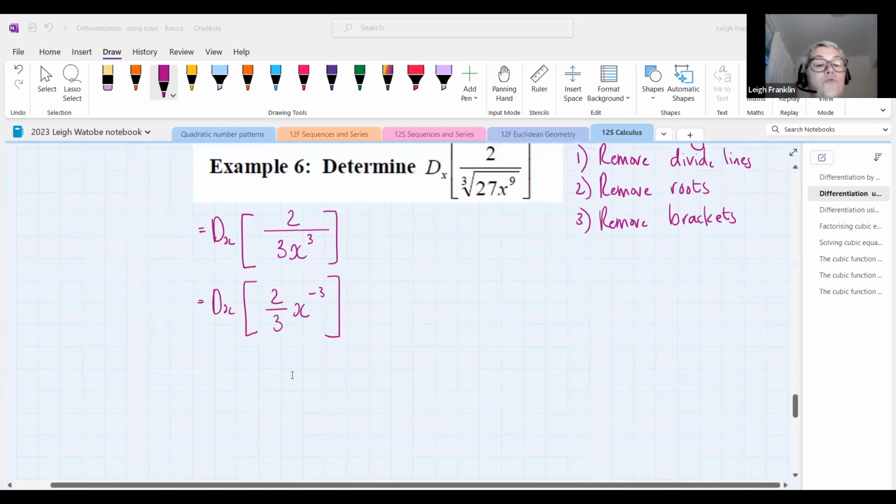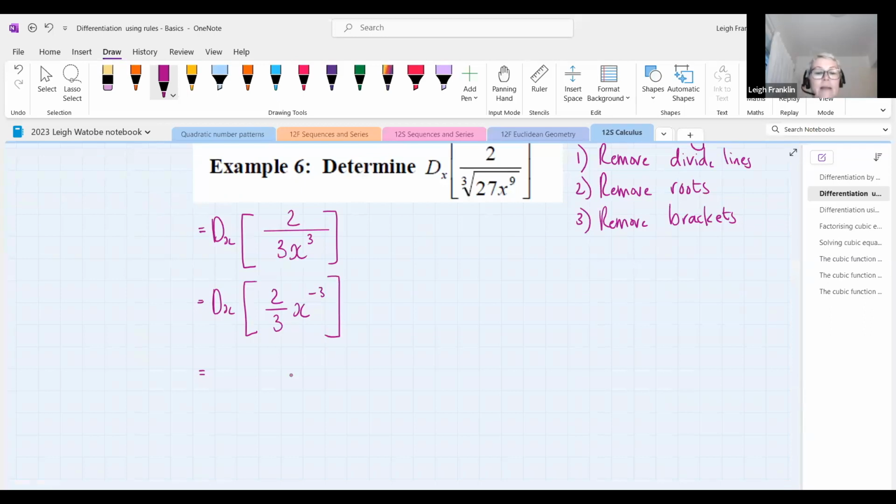I'm going to drop my dx and my square brackets, and I'm only writing equals. Now I'm applying the power rule because I'm deriving. A positive times a negative is a negative. 2/3 times 3 is 2. Write down my x and take 1 away from my exponent.